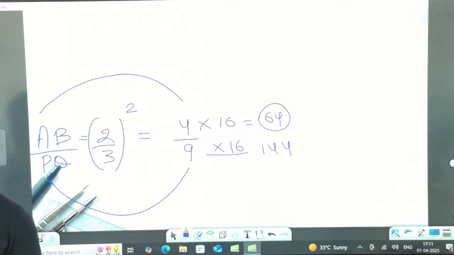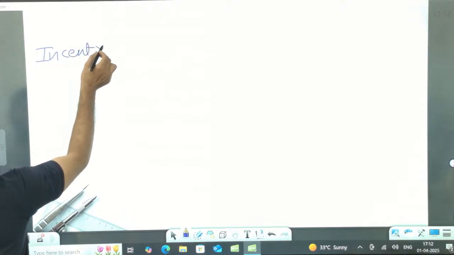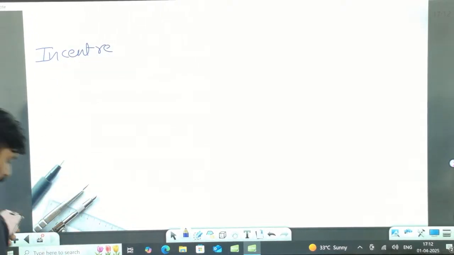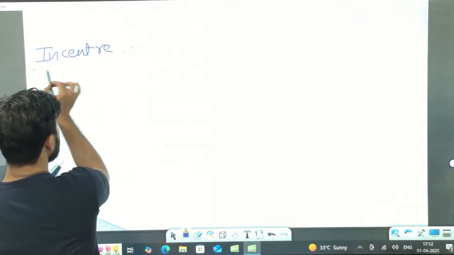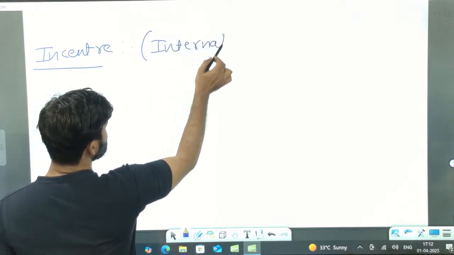Now let's start centers of triangles. Centers of triangles. Important topic. There are 4 centers of triangles. First one is incenter. Incenter, or write it in the bracket, internal angle bisector.